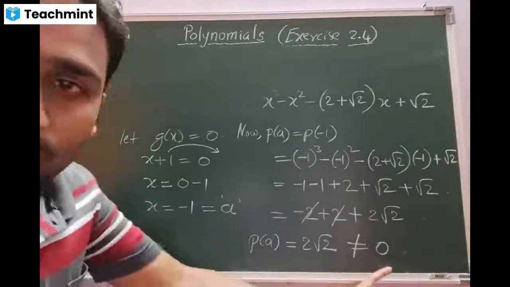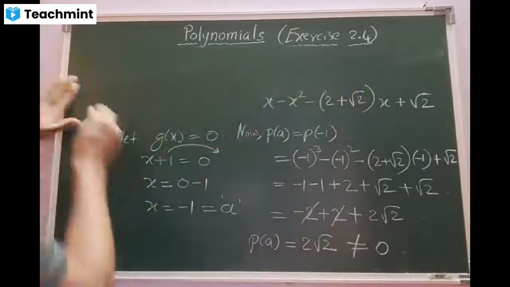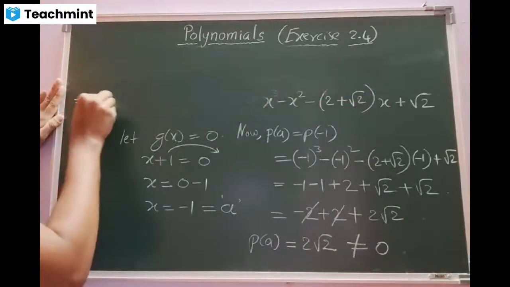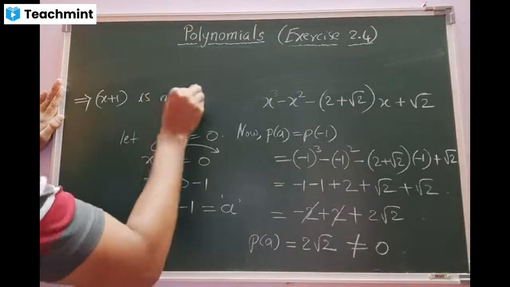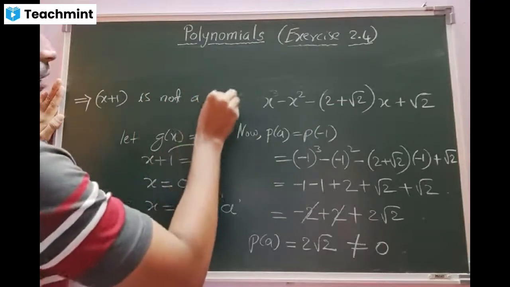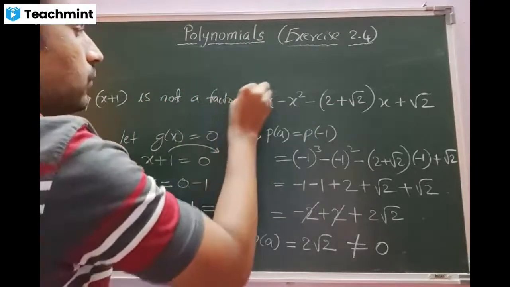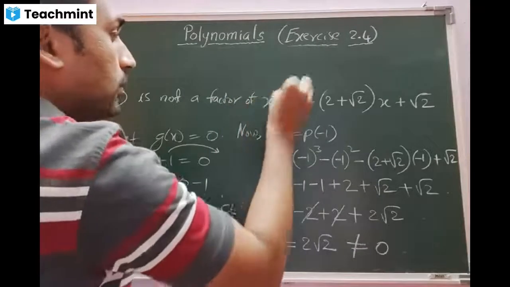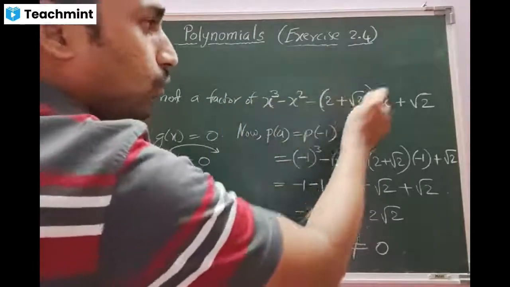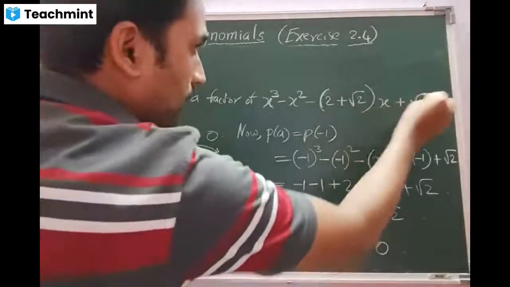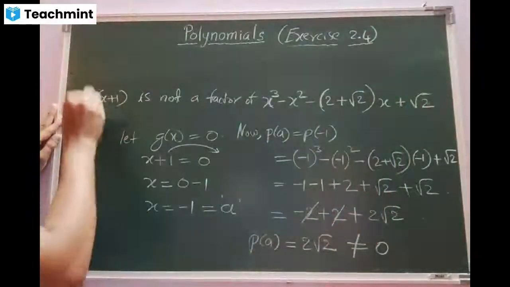Since p of a is not equal to 0, this implies x plus 1 is not a factor of x cube minus x square minus (2 plus root 2) x. Bracket complete. This is our final conclusion.